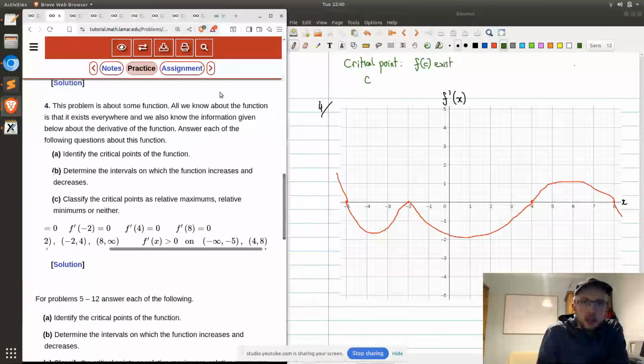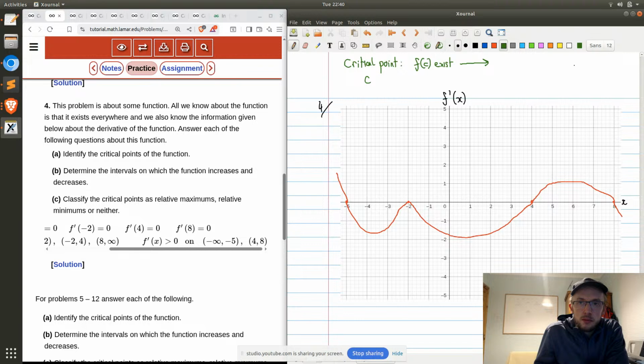And the function exists everywhere, so everything is potentially a critical point. Now, what next? Either f prime of c is equal to 0, or f prime of c does not exist.